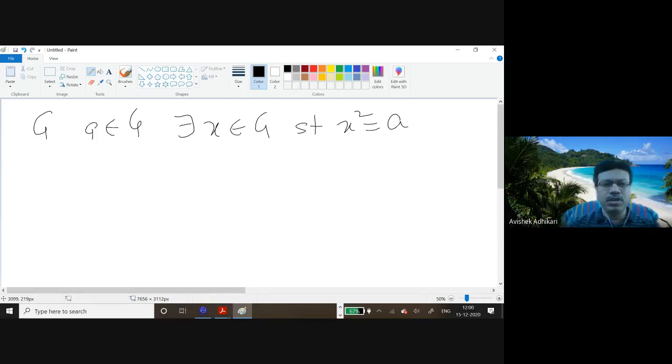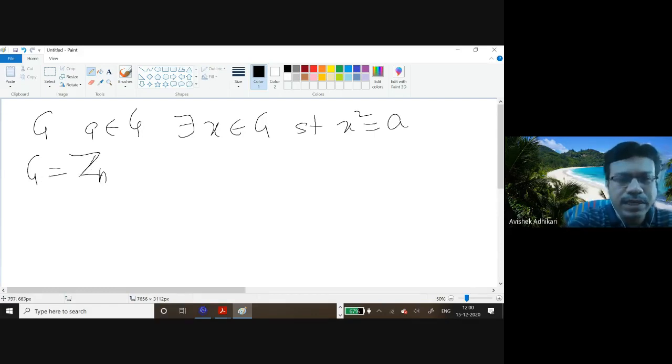But if we consider a particular case, for example Zn plus, we know that this is a commutative, finite, and cyclic group.